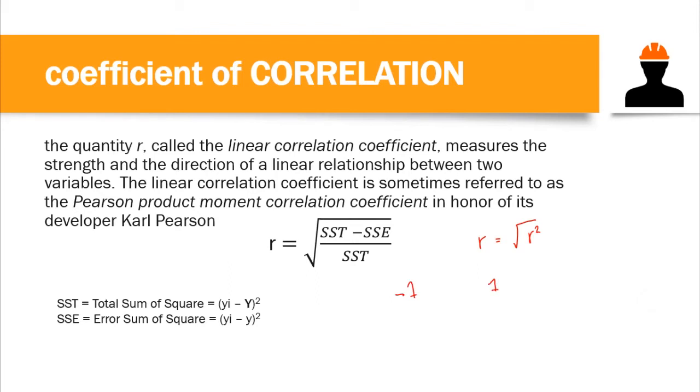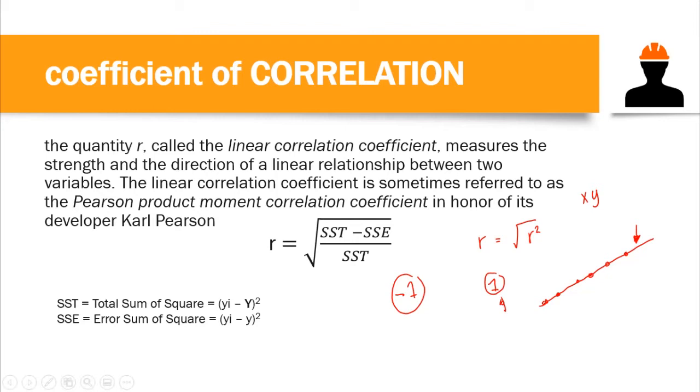Now, if the value of r is equal to 1 or -1, that means our data creates a straight line. If we connect all the data x and y, they create a linear or straight line. But in reality we do not have a perfect correlation.